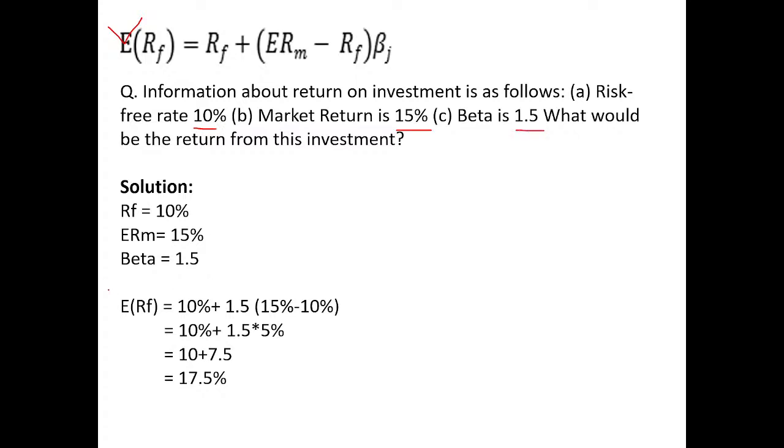So, the expected return would be 10% plus 1.5 times the difference of 15% minus 10%. This is also known as risk premium. This one, expected market return minus risk-free rate, is also termed as risk premium. So here we have 10 plus 7.5, which is 17.5%.